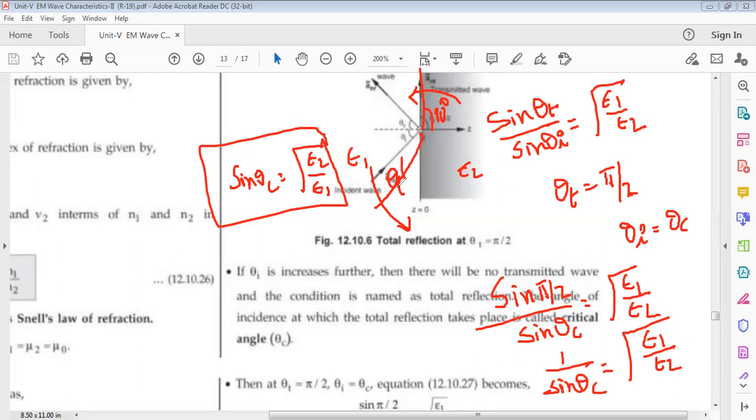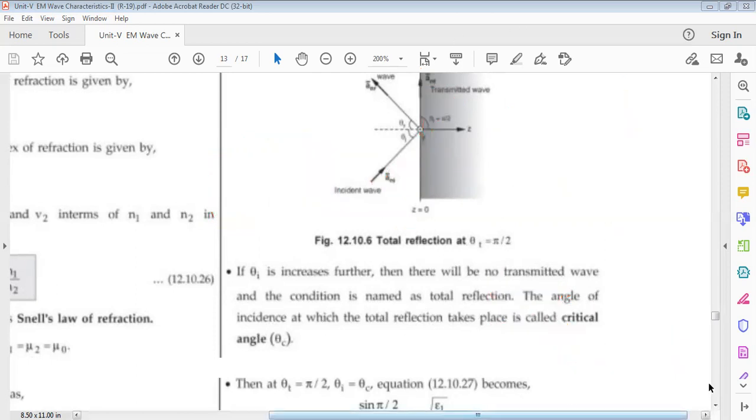At the angle of incidence at which total reflection takes place, there is no transmission. This is called the critical angle. Got it, my students?